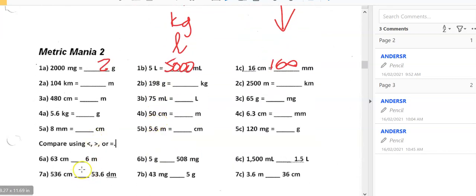But the next one here, it says compare using less than, greater than, or equal to. So what you need to do, you need to convert the one to the other one. So if you convert centimeters to meters, then you can see whether that is greater or less than. Convert the one to the other one, you compare the two. I'll say it again.